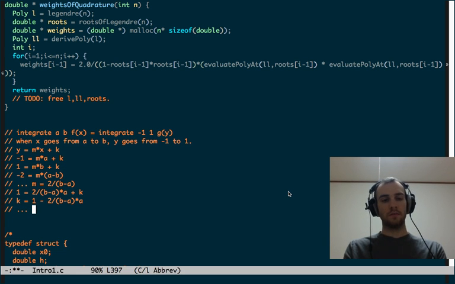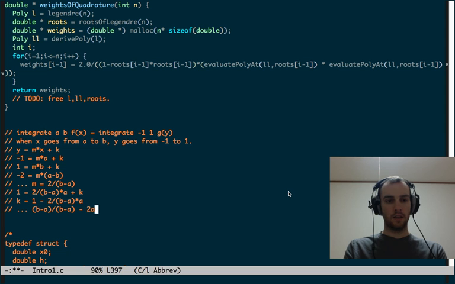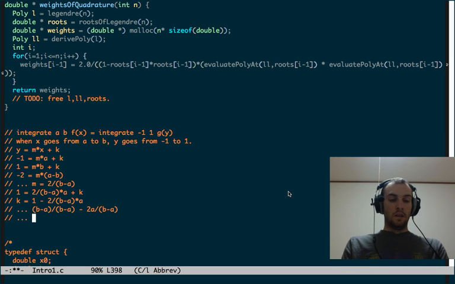You can actually simplify that if you want by putting everything on the same denominator. So b minus a over b minus a minus 2a over b minus a, k equals that.